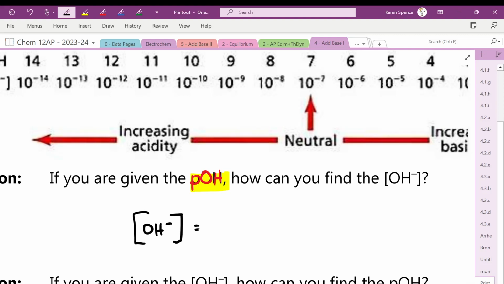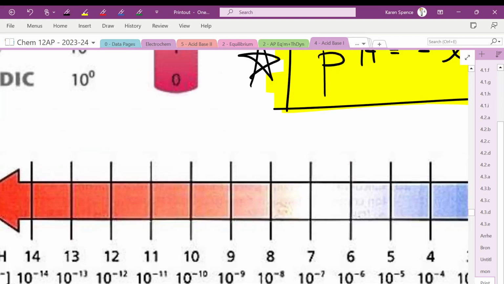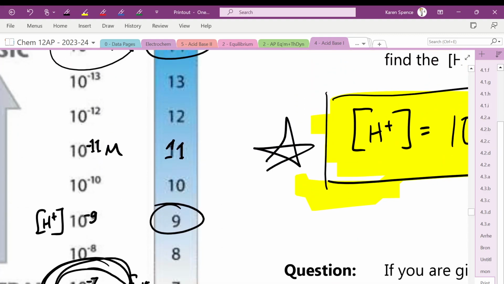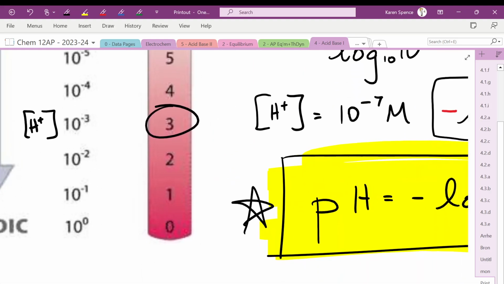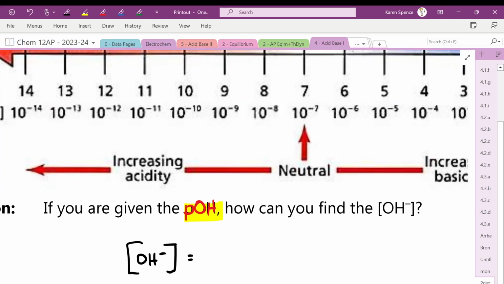How did you find hydrogen? 10 to the negative pH. How are you going to find hydroxide? 10 to the minus pOH.